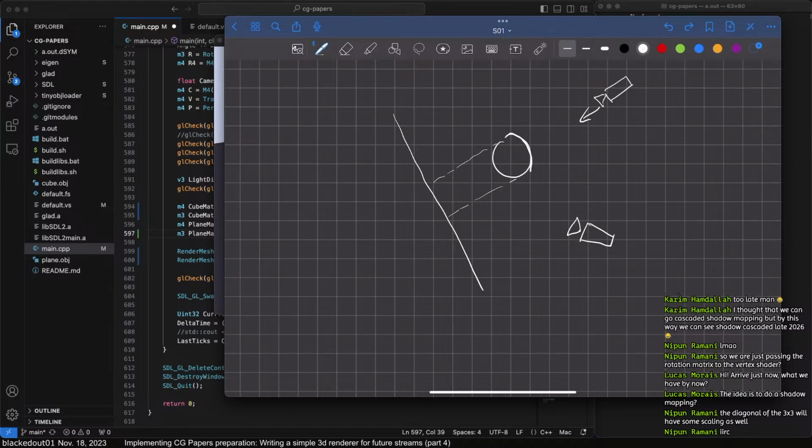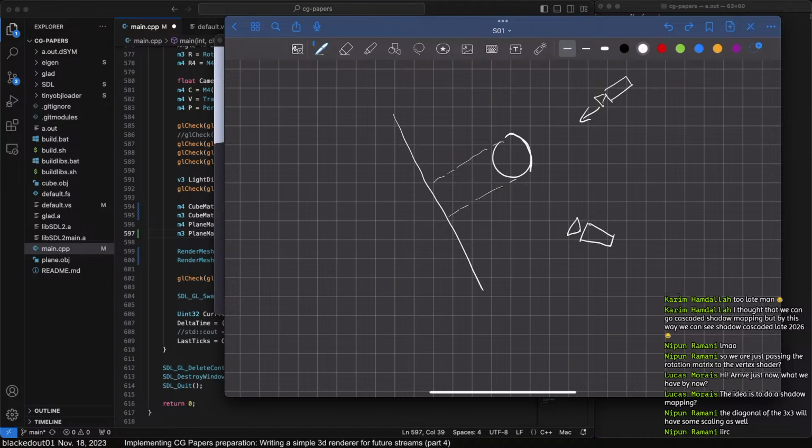And just getting the color part is not really helpful in this case. So what we really want is the depth value. So we render the scene from this perspective just with the depth value. So we want to get a depth map.